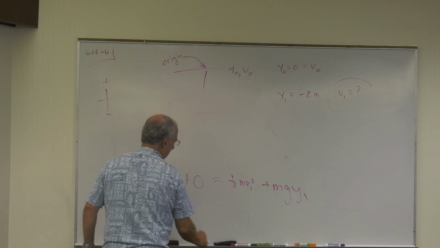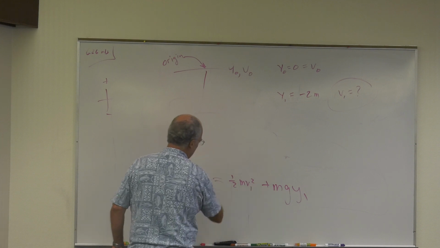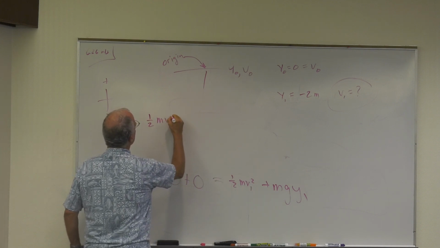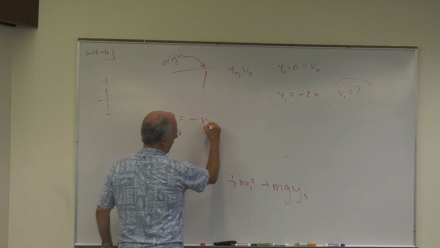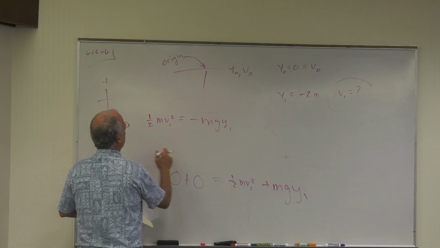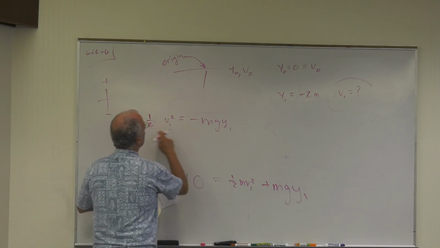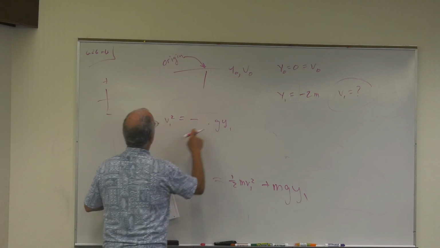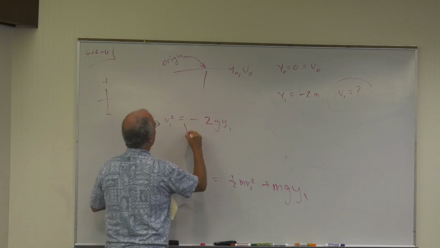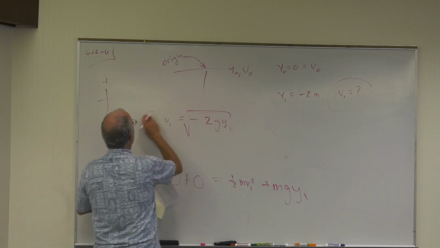So I want to solve for v1, so I'm going to put that on the other side. We have 1/2 mv1 squared equals minus mgy1. Then I divide out the m's, multiply by 2, square root. Okay, now you're freaking out.